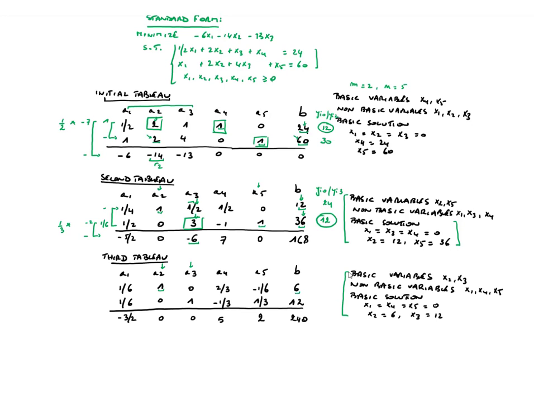So x2 is equal to 6 and x3 is equal to 12. So here's the basic solution, and you should check that it meets these constraints that you have in the standard form, and you can see that this is indeed the case, right?